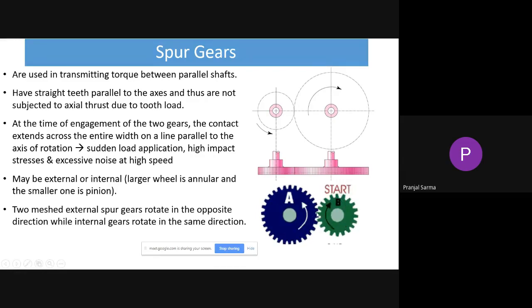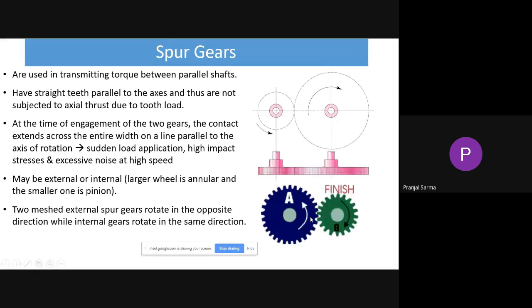But if we think of these two gears with their thickness, or the width of the gear, then during the time of engagement of two gear teeth, the contact extends across the entire width, on a line parallel to the axis of rotation. Because of that, suppose initially this particular pair of teeth is in contact, next the next pair of teeth will be in contact, and gradually like that they will come in contact.